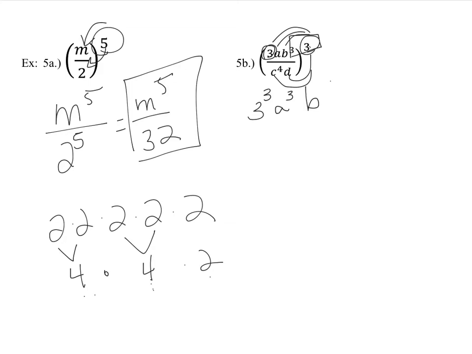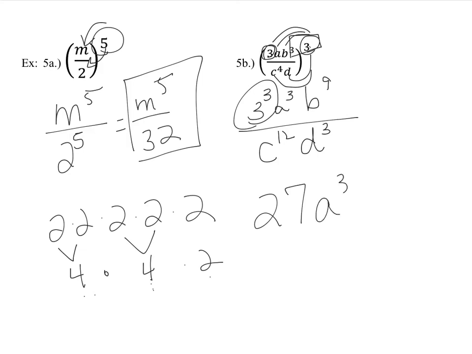Multiply. B to the 9th over c to the 12th, d to the 3rd, and then naturally fully simplify that. And if you wanted to fully simplify that to 27 at the very beginning, that's totally fine. So we've got 27, a to the 3rd, b to the 9th, over c to the 12th, d to the 3rd.